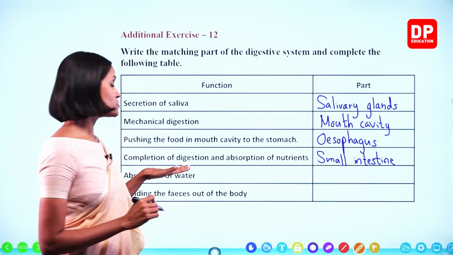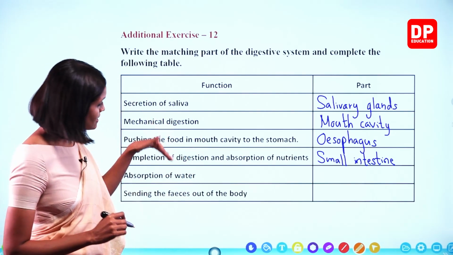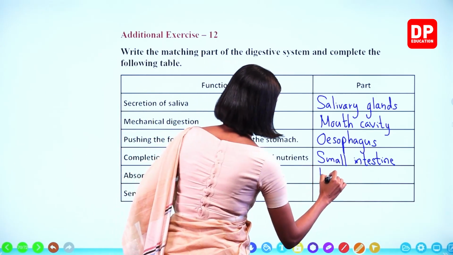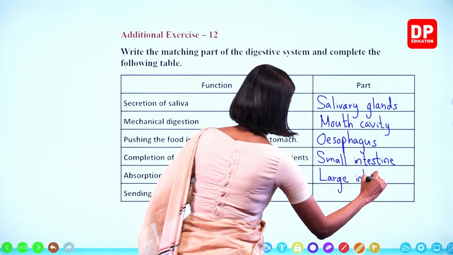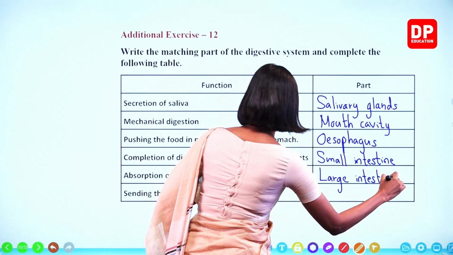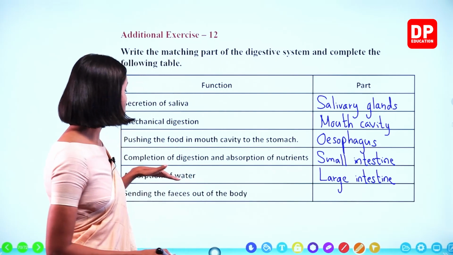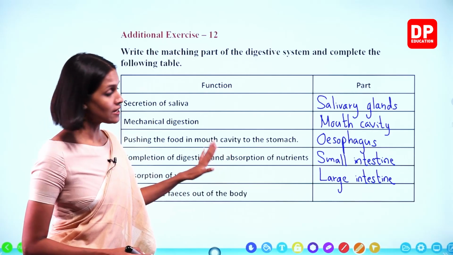And absorption of water is done by the large intestine. Finally, sending the feces out of the body is done by the anus.